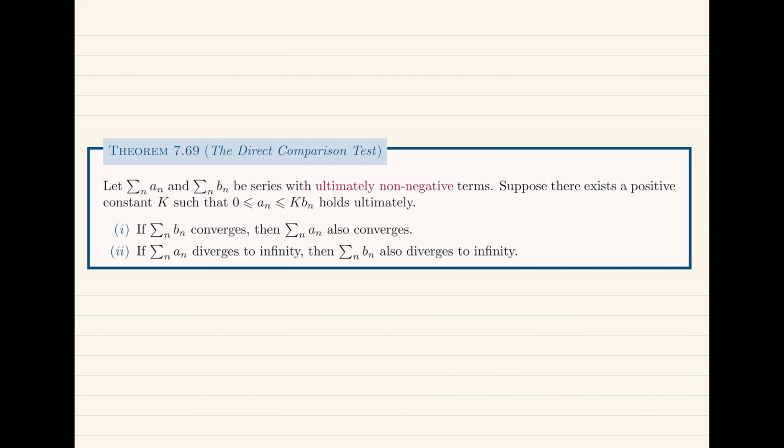And if the smaller series diverges to infinity, then it will allow us to conclude that the bigger one also diverges to infinity.